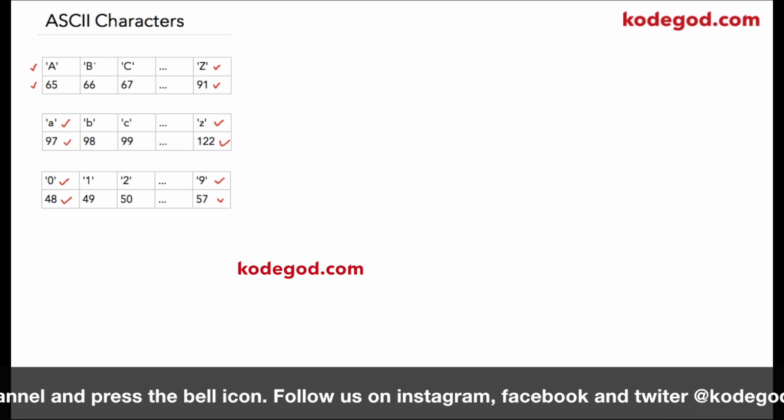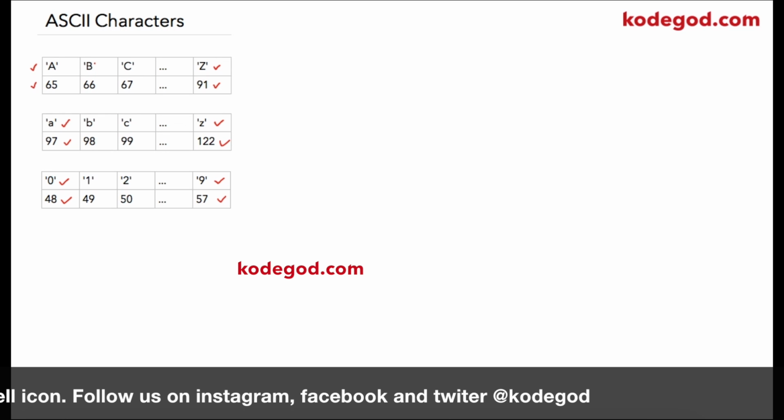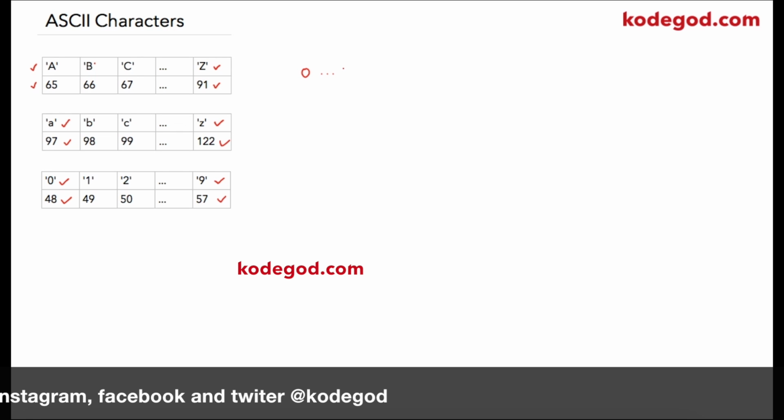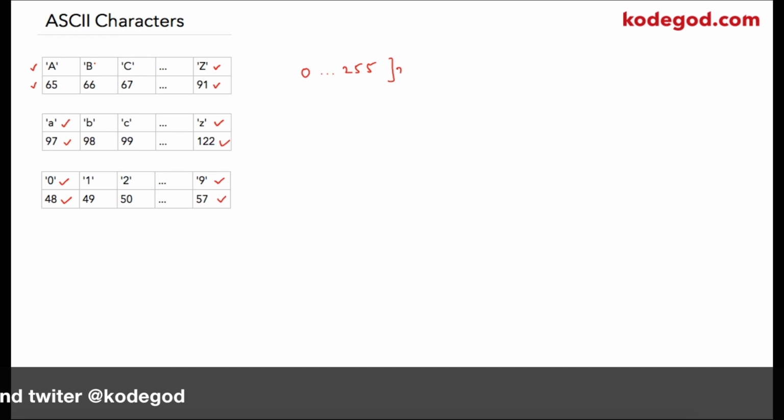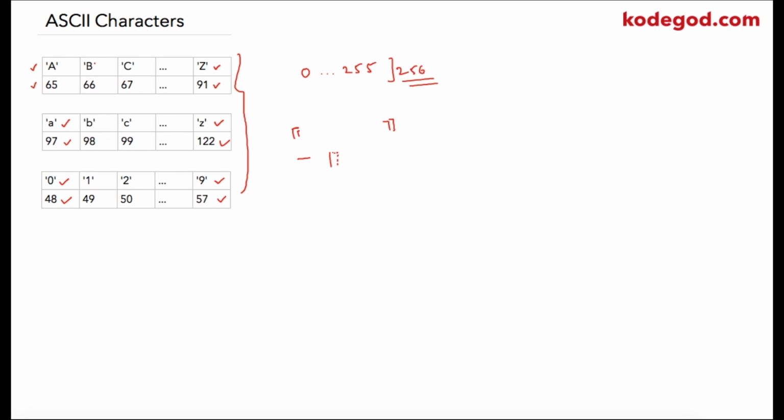Digit 9 has 57 as its integer value. So you can have basic ASCII characters from 0 till 255, which are a total of 256 characters, and these are part of those 256 characters. Apart from these, there are special characters like these, or a complete stroke, or a dotted vertical bar, which we have seen in earlier lectures. But we are revising it again because we will require this knowledge in upcoming programs.